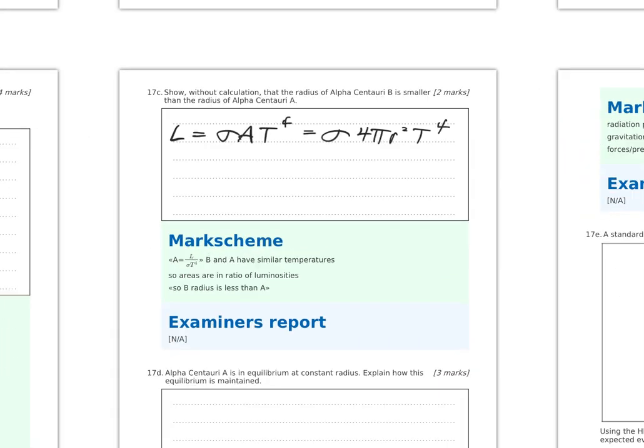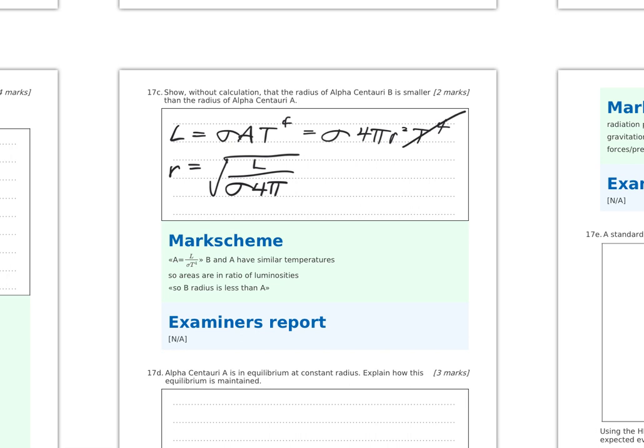All right, so luminosity is Stefan Boltzmann, area, T to the 4th. Area is 4 pi r squared. The two temperatures are very similar, like they're in the 5,000 Kelvin range, so we don't need to worry about the comparison on temperature. And we're talking about radius. So radius is going to be square root. I want to make sure I do this right. Let's see, we have R is radical L over Stefan Boltzmann 4 pi. Those are constants.